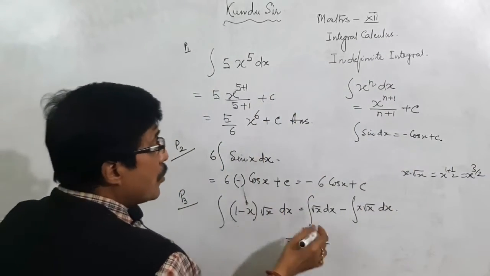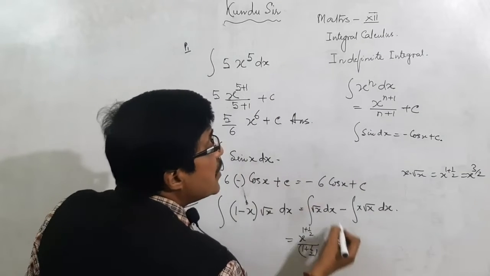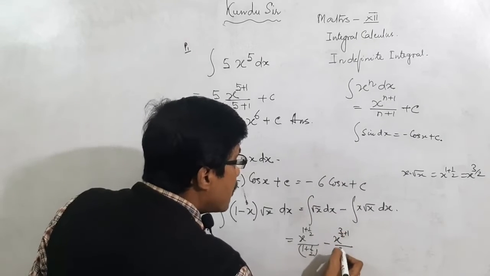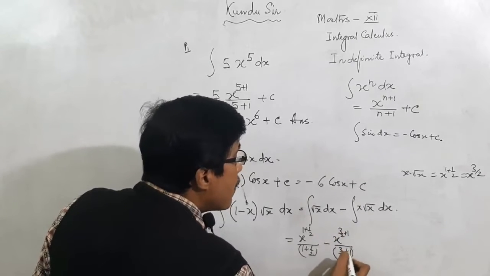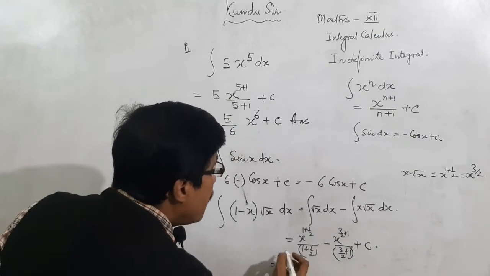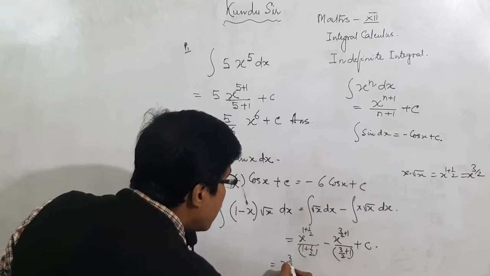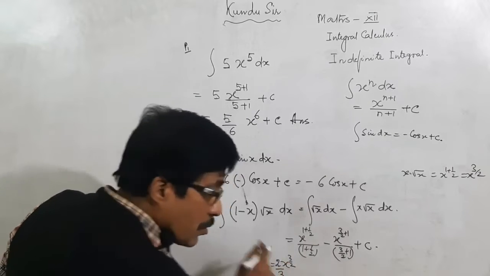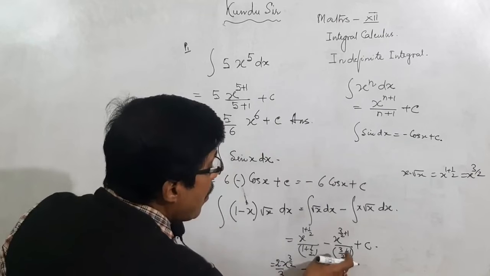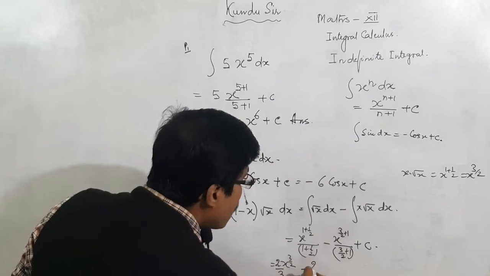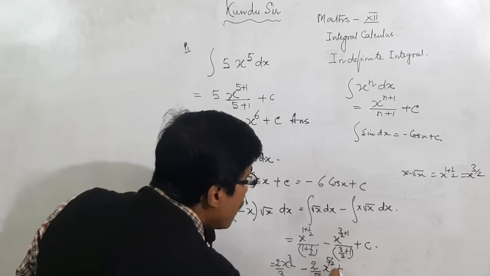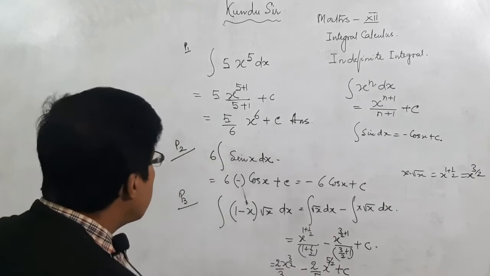So in integration it is x to the power 3 by 2 plus 1 upon 3 by 2 plus 1 plus c, which is 2 upon 5 into x to the power 5 by 2 plus c, where c is an integration constant.